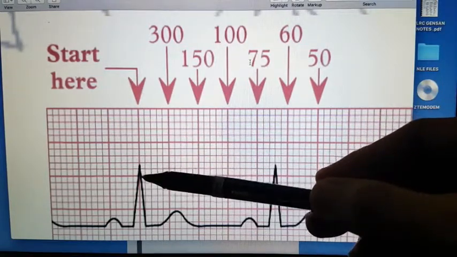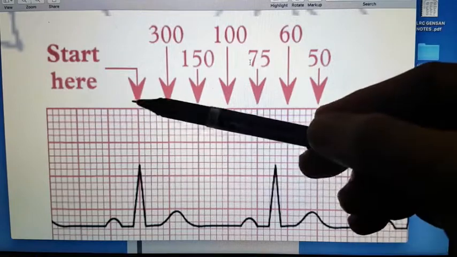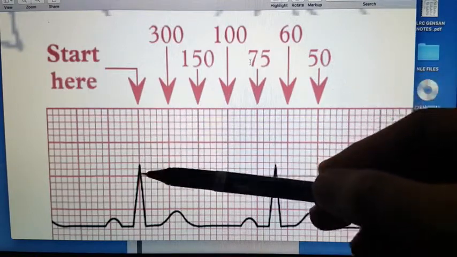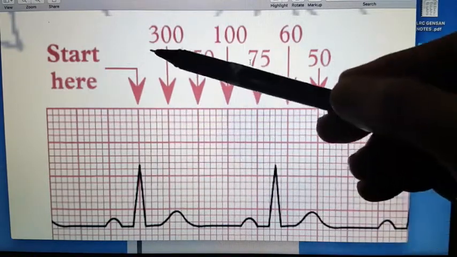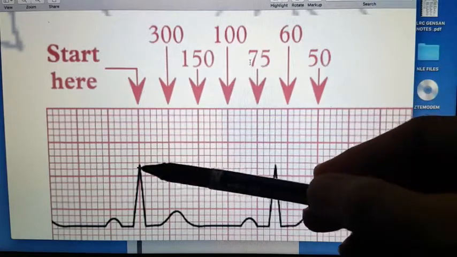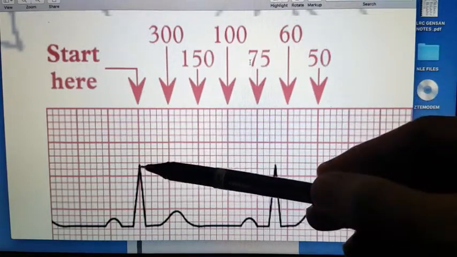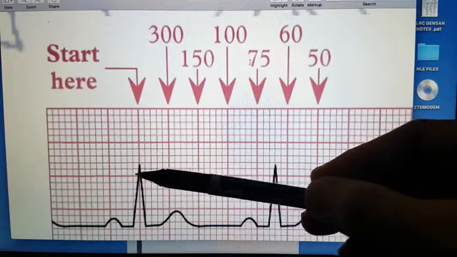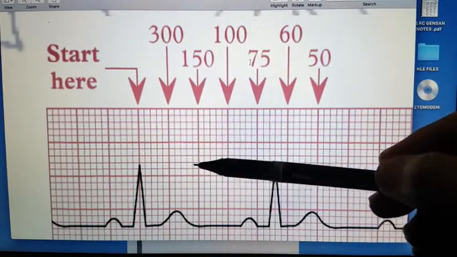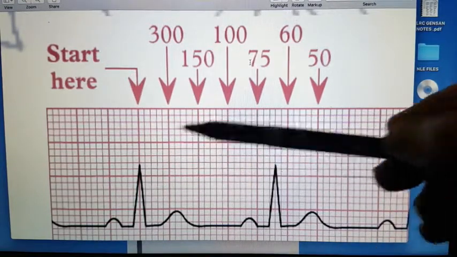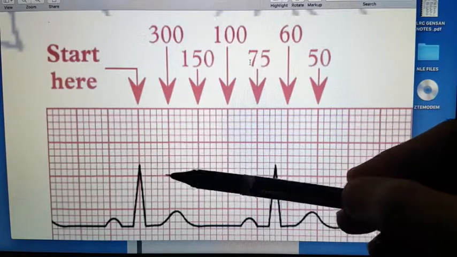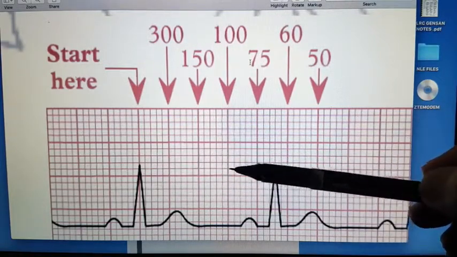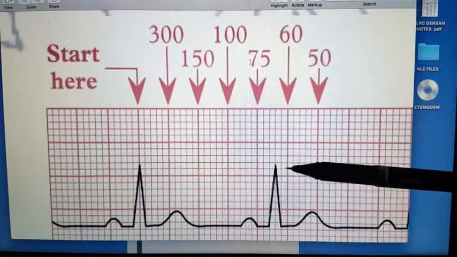So what you are going to do is that the R wave that falls directly sa dark line is your base. The next dark line, you start counting 300. So R wave that falls directly sa dark line, the next dark line you count 300, 150, 100, 75, 60.